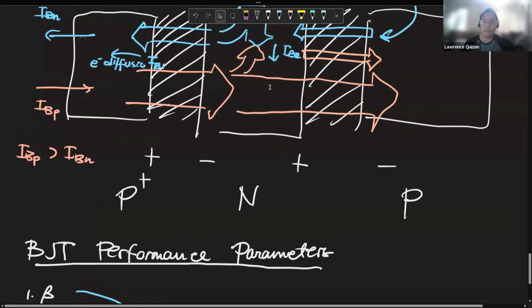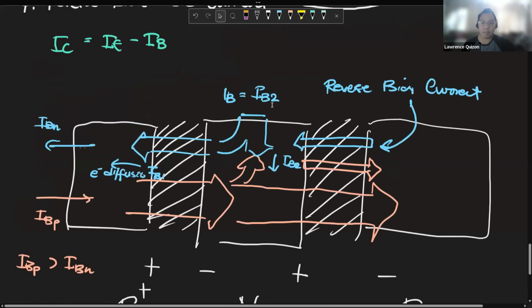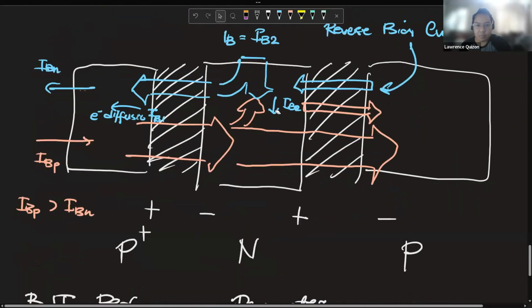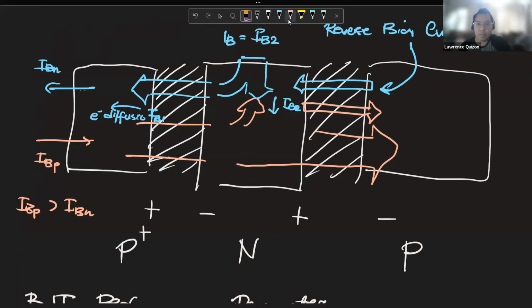So, let's talk about beta. Beta stems from the fact that this is IC, right? Let me just clean up this chart.